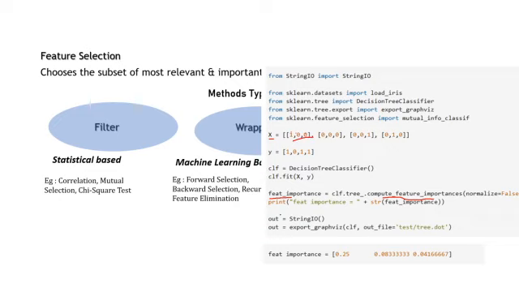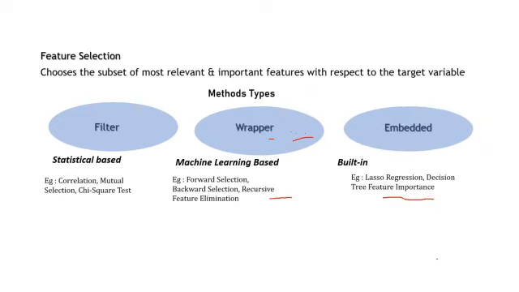And when this is executed, here is your feature importance. The first feature has 0.25 importance with respect to the target variable. The next one has 0.0833. The last feature has 0.04166 and so on. So this is how it happens.